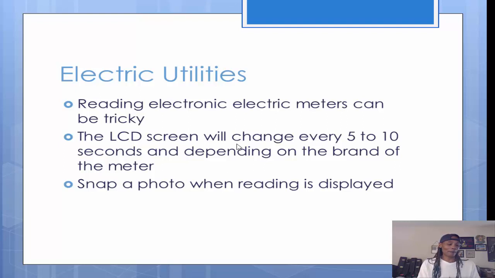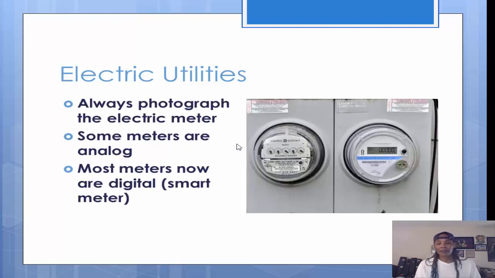All right, guys, we're going to mainly be focusing on electric meters because, again, that is the most popular. And electric meters can actually be pretty tricky to read. Because if you're at an analog meter, if you see right here in the center, right below the dials, there's another dial that spins. Okay?